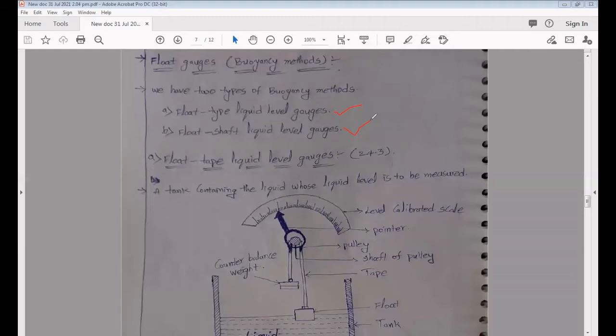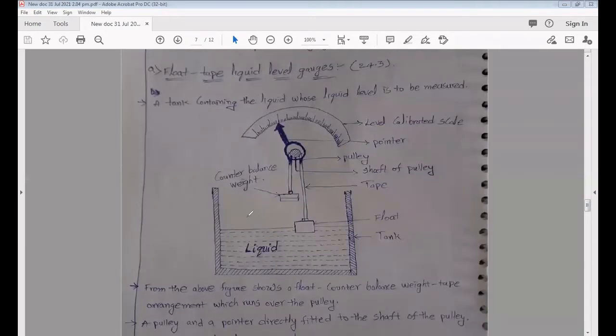First we will go for the flat type liquid level gauge. For any topic in this unit, we first need to remember the diagram according to the topic, and the nameplates, the labels in that diagram, are very important. According to the nameplates only we have the explanation and operating principle of that particular topic.